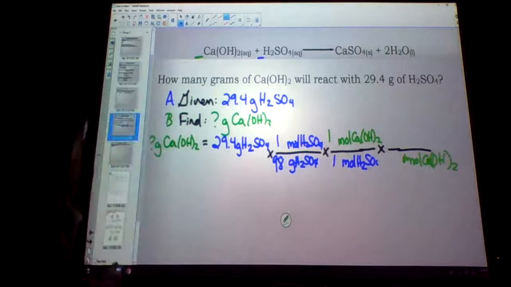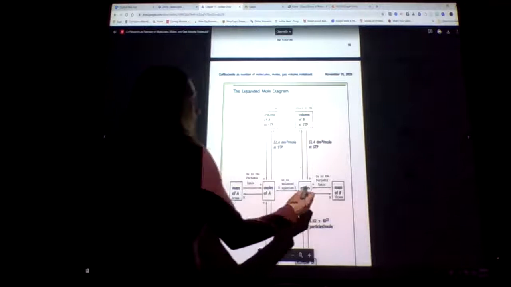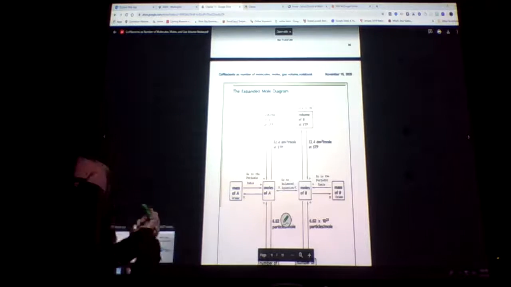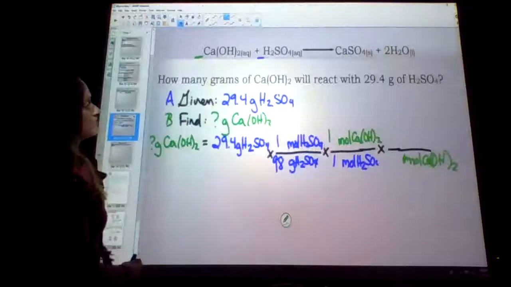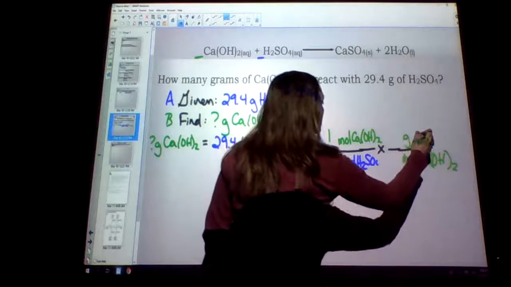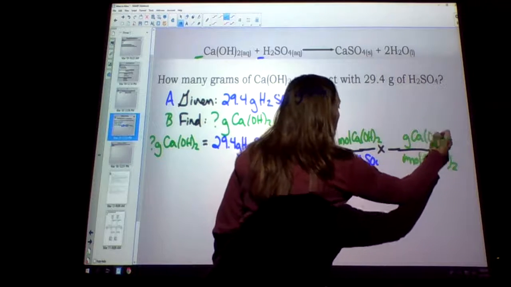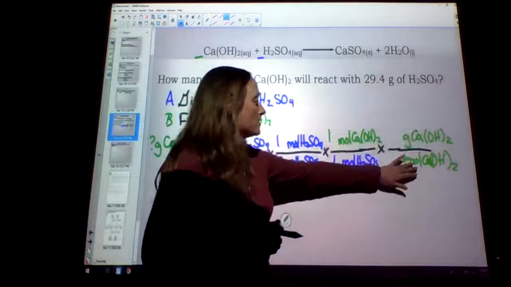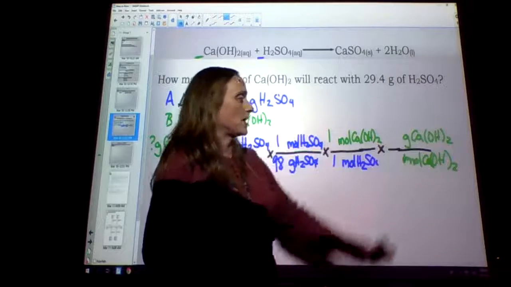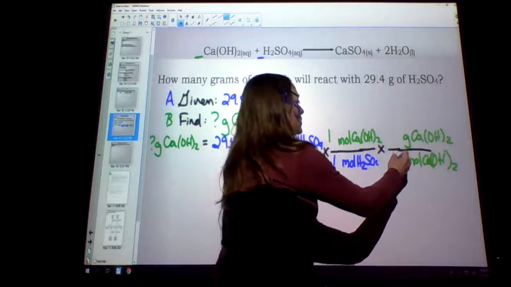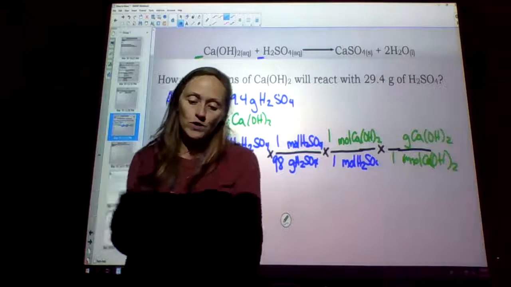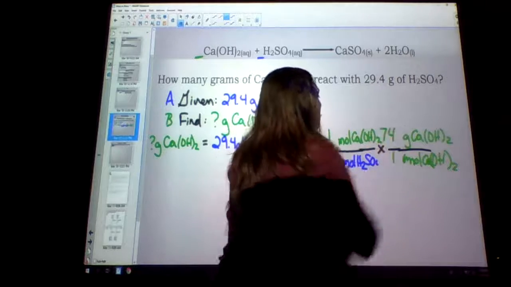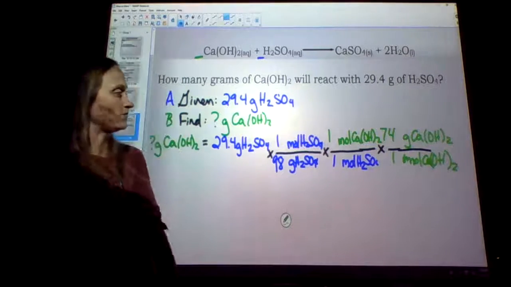Looking at your mole diagram, we're going to go moles of B to mass of B, or mass of our calcium hydroxide. Since our substances are the same on the top and the bottom of our equality, the number with our moles will be 1. We go to our periodic table and find the mass of calcium hydroxide, which is 74.